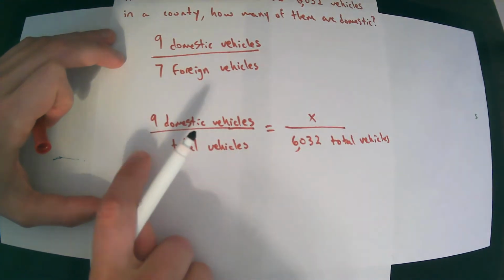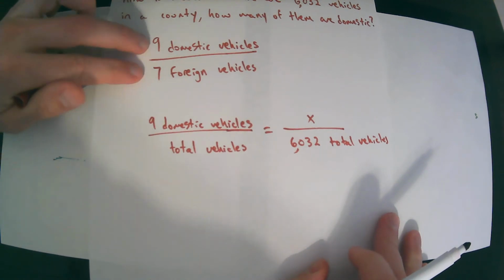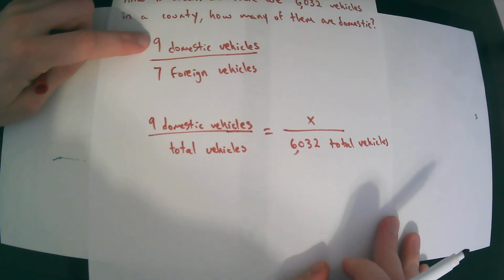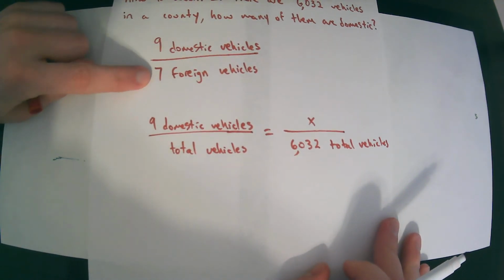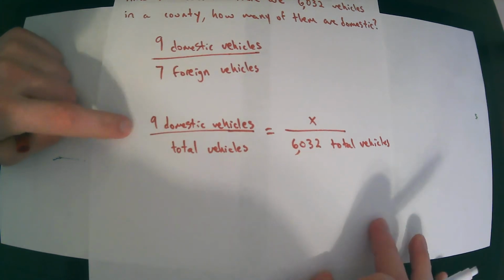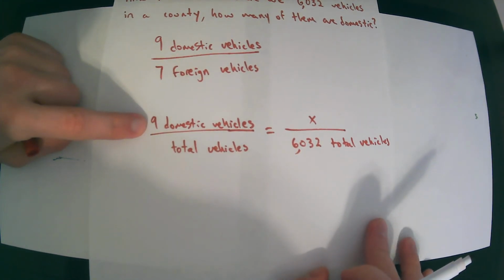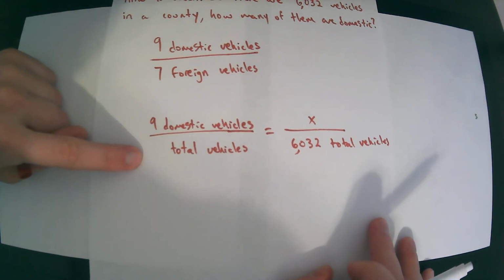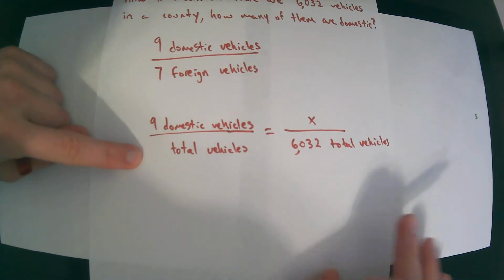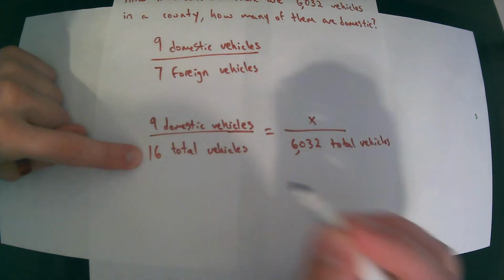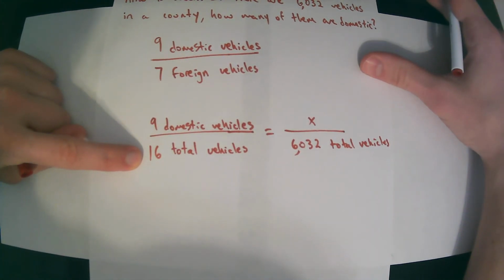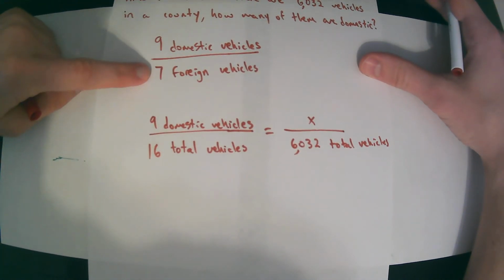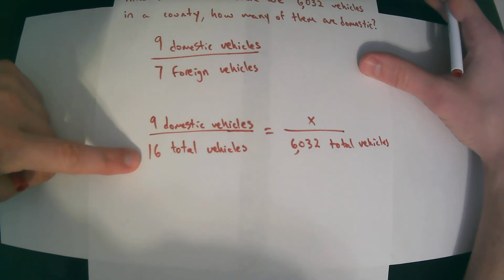So what is this number? Based off of this ratio, if there are 9 domestic vehicles for every 7 foreign vehicles, then aren't there also 9 domestic vehicles for every 16 total vehicles, right? 16. Because 9 plus 7 is 16, right?